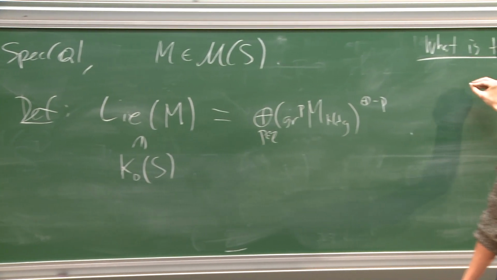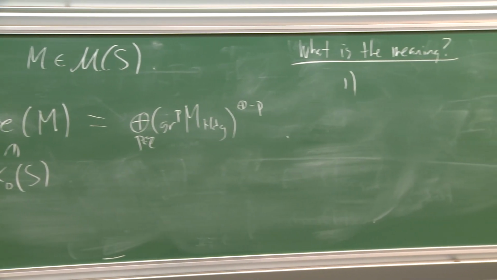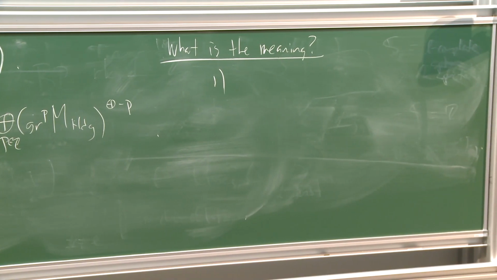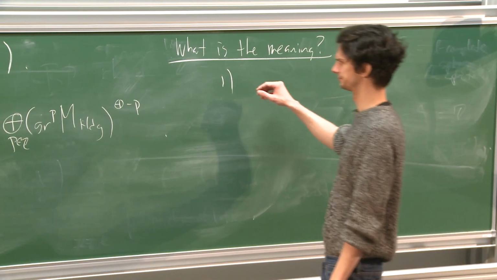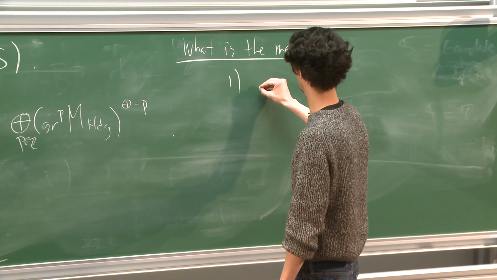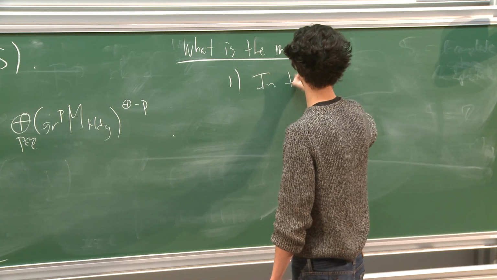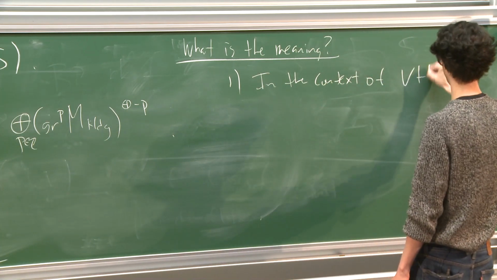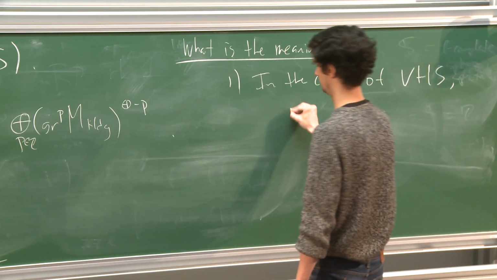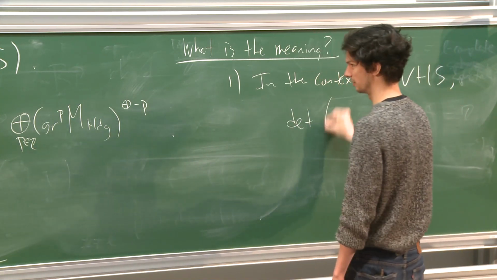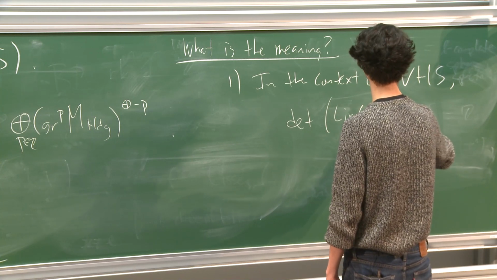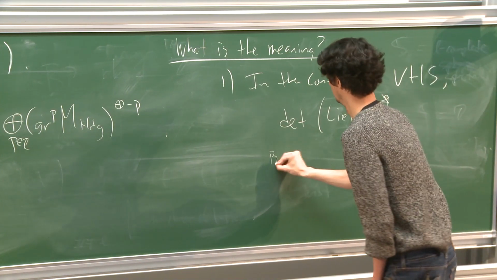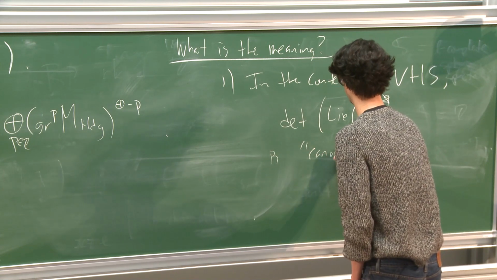One thing you can say is that this expression has appeared before. In the context of variations of Hodge structures, the top exterior power of this thing, the determinant, or I think actually its dual, is the canonical bundle of Griffiths.